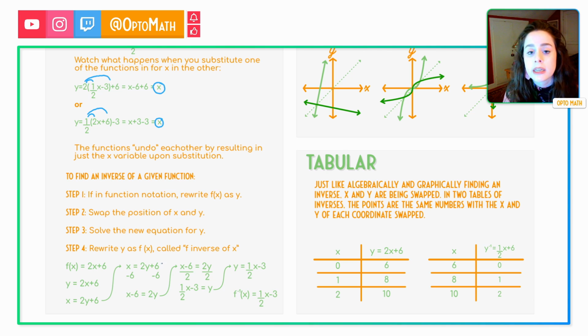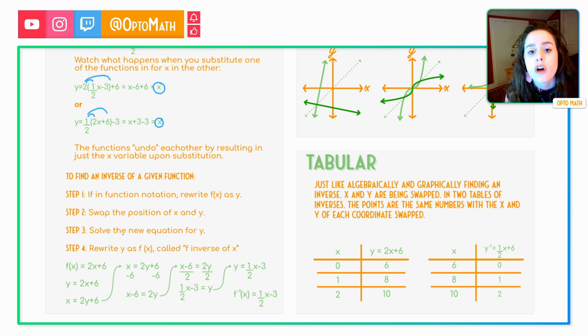So in this case, you're not given two inverse functions, you want to find an inverse function given just one function. So step 1, if the equation is written in function notation such as f of x, rewrite f of x as y. Step 2 is to swap x and y, so swap the position. Instead of writing y, you're going to write x. Instead of writing x, you're going to write y.